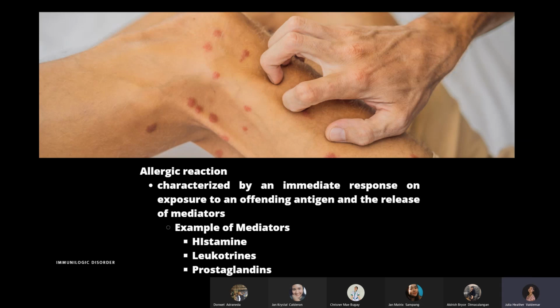We have to note that others are by C3, C5, C3a and C5a anaphylatoxins, which are capable of producing similar reactions. Next slide, please.